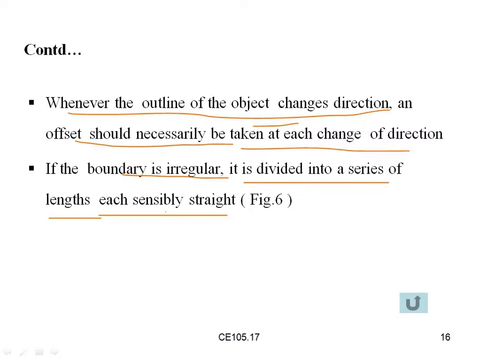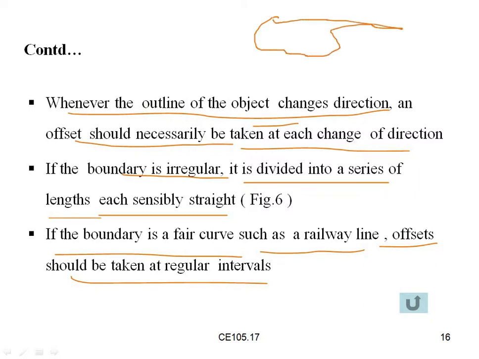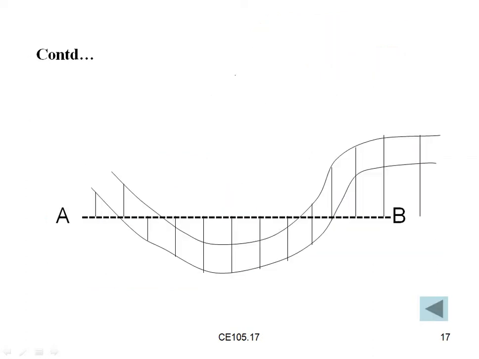Irregular means like this. In these places it is divided into a series of lengths, like triangles or squares, and by dividing these parts we take the offsets. But if the boundary is a fair curve, such as a railway line or road, offsets should be taken at regular intervals.